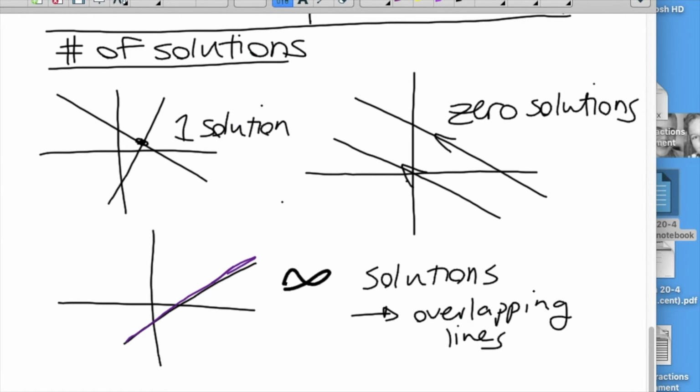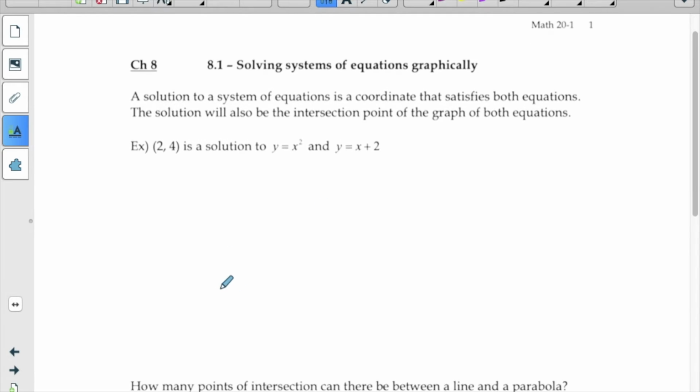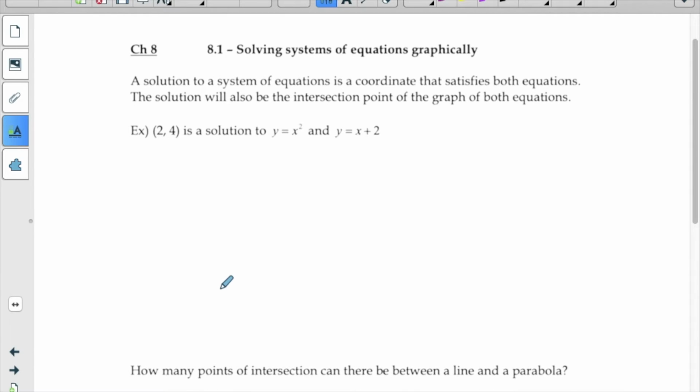What we're going to add in is, firstly, number one, what if one of the equations is now quadratic? What if it's a quadratic function instead of a linear function? Or what if two of them are quadratic?